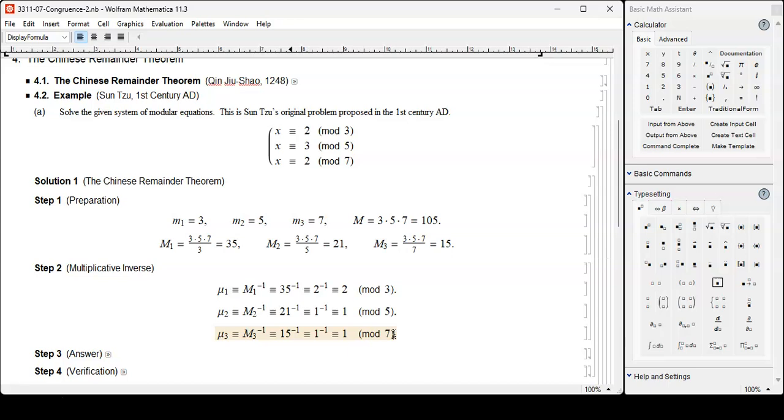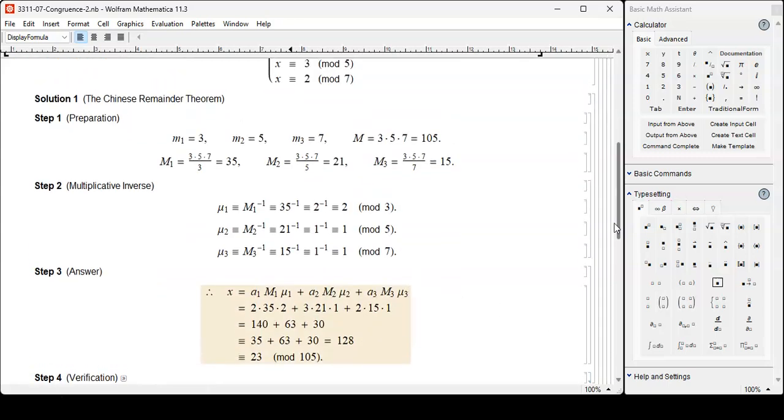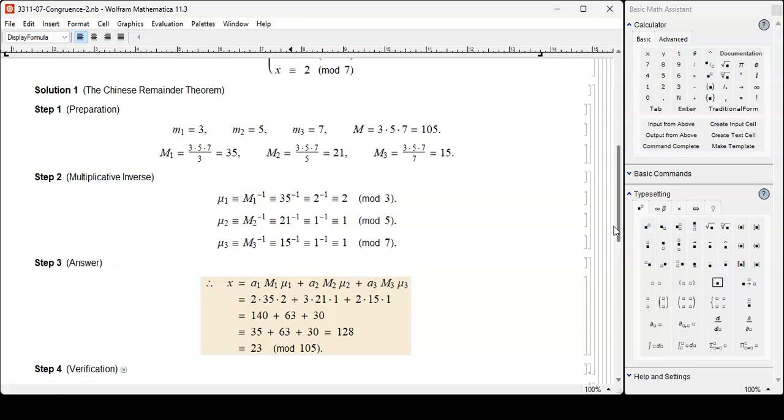And now that we have A1, A2, A3 in the original problem, capital M1, capital M2, capital M3 in step 1, and mu1, mu2, mu3 in step 2, I can multiply all those and add them up like this to get the answer. From this point on, it's just routine computation.